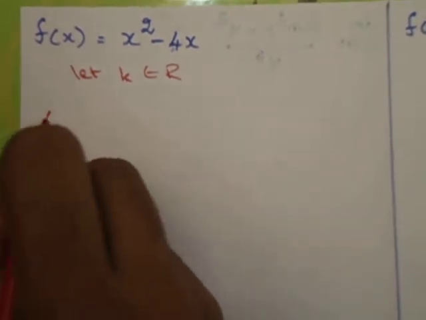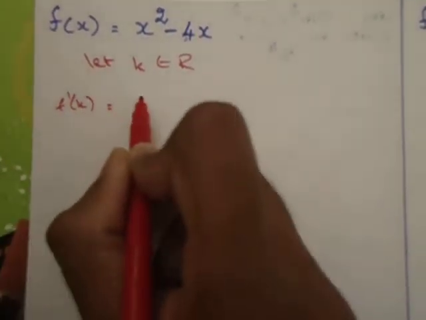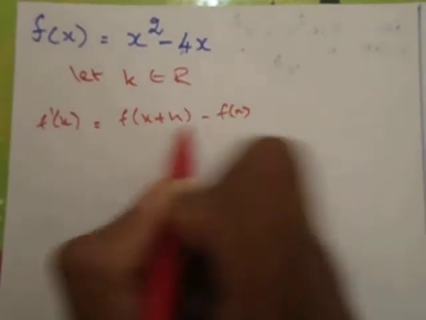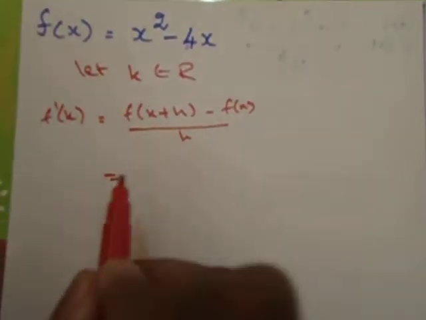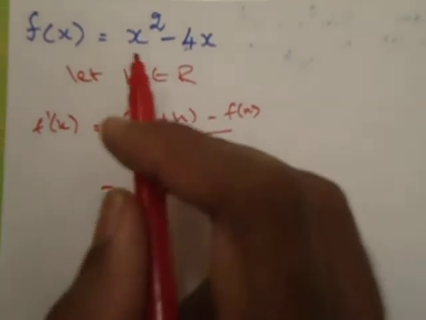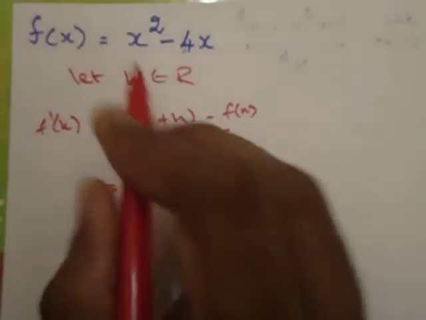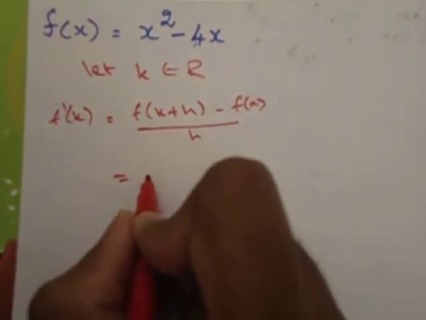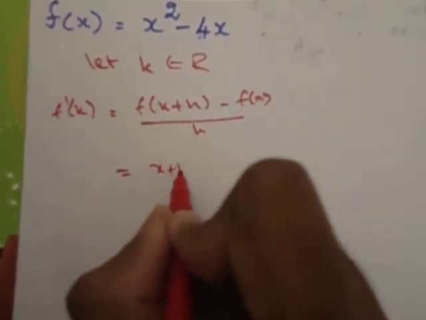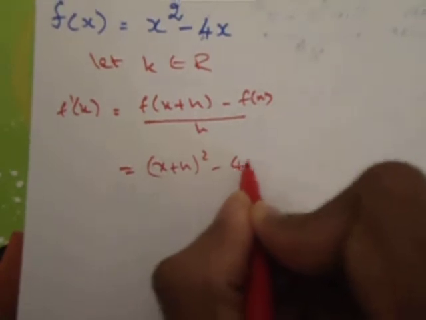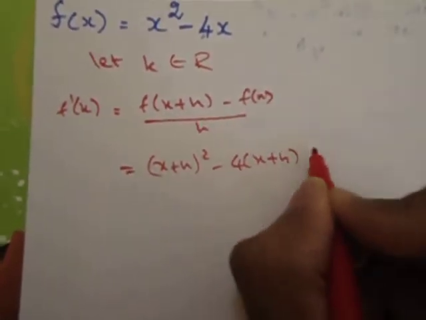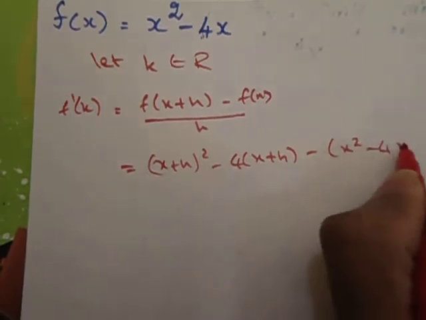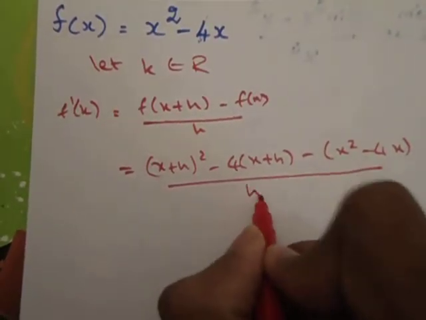k. So f dash of k is equal to f of x plus h minus f of x by h, which is equal to, we replace x with x plus h, x plus h whole square minus 4 times x plus h, minus x square minus 4x, by h.